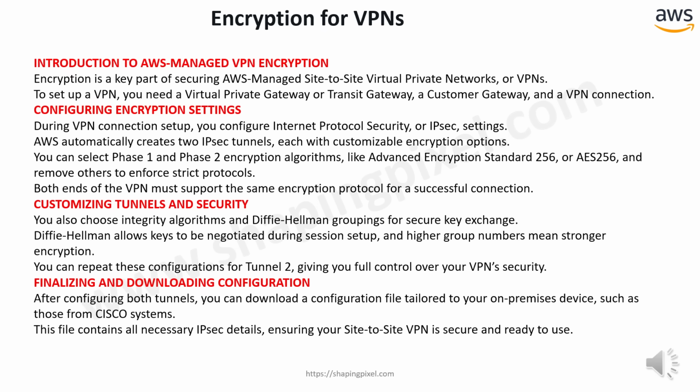You can repeat these configurations for Tunnel 2, giving you full control over your VPN's security. After configuring both tunnels, you can download a configuration file tailored to your on-premises device, such as those from Cisco systems. This file contains all necessary IPsec details, ensuring your site-to-site VPN is secure and ready to use.